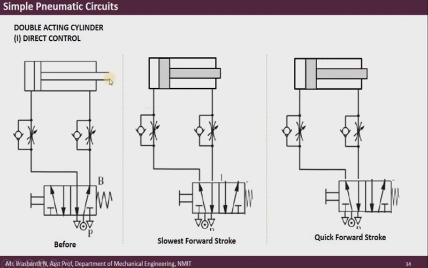In this case, the speed of both the forward stroke and return stroke can be controlled with the help of these outlet throttling valves. So I hope this gives you a brief idea about how a pneumatic circuit works.